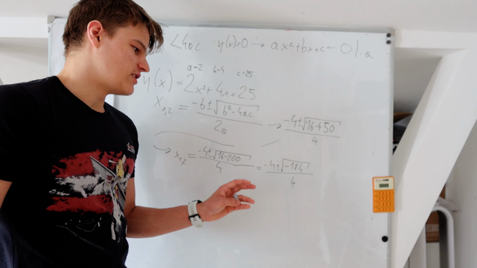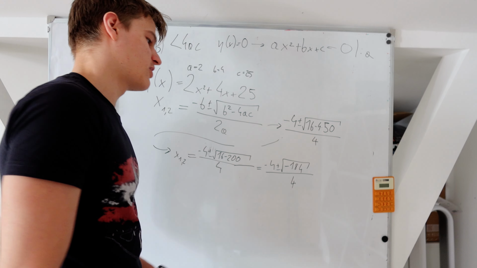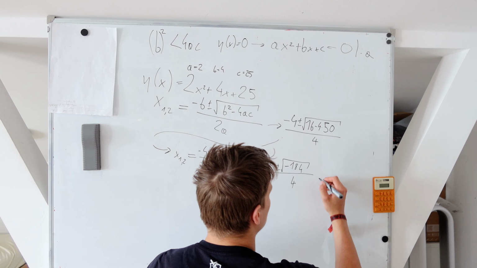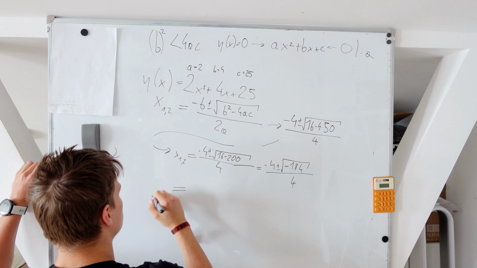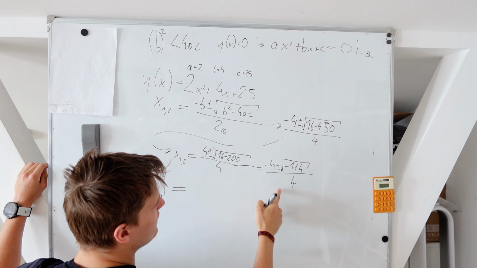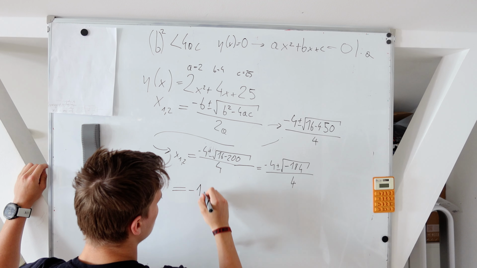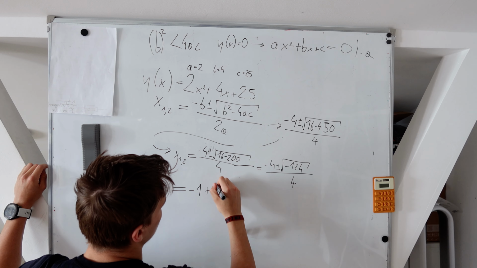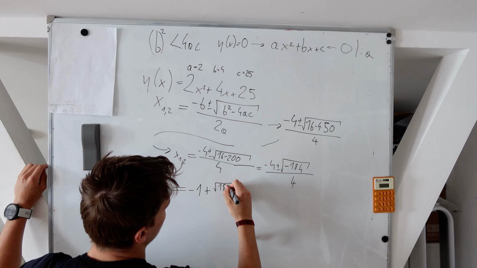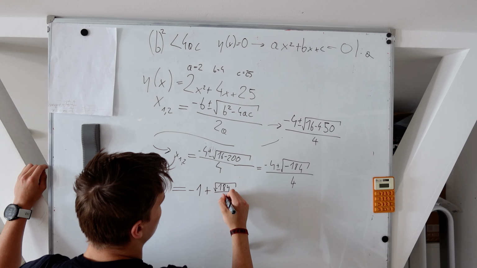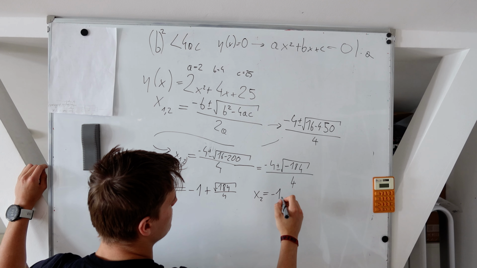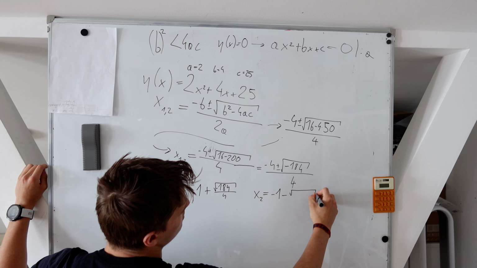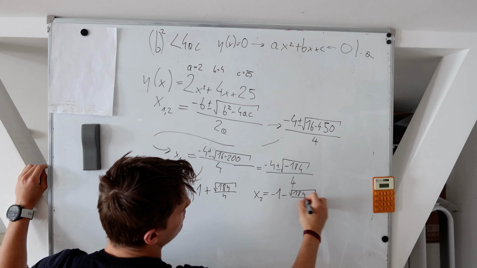And this is actually where today's topic comes into play. If we say we have two x's, X1 is equal to minus 4 over 4, which is just minus 1, plus square root of 184 over 4, and x2 is the same as minus 1 minus square root of 184 over 4.